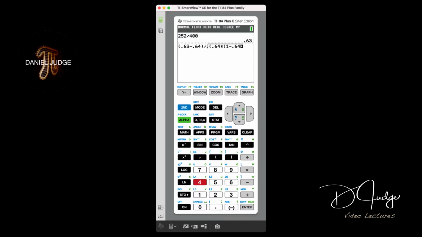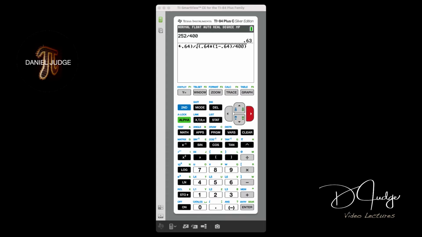That's the Q. Okay, close it. That's P times 1 minus P divided by the sample size of 400. Now make sure you close that parentheses again and come out of there. So you can enter it all this way.